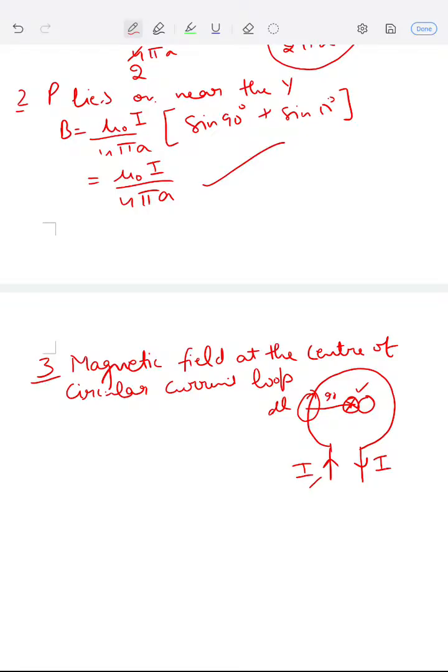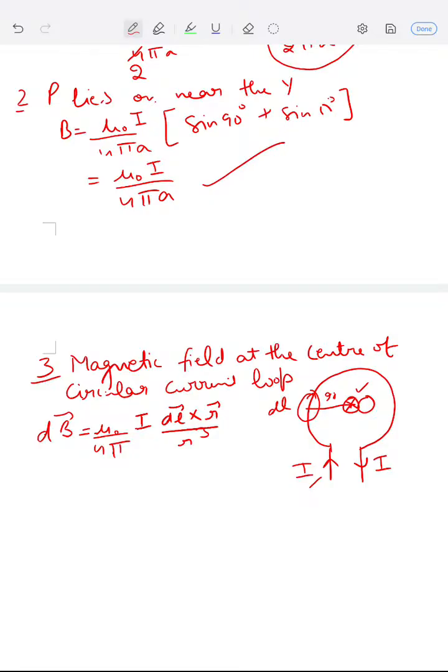So we know the equation of the Biot-Savart law. The Biot law is dB equals mu 0 upon 4 pi, I dl cross r upon r cube. This is the vector form. The angle is 90 degrees along the center of the circular wire, it is perpendicular.